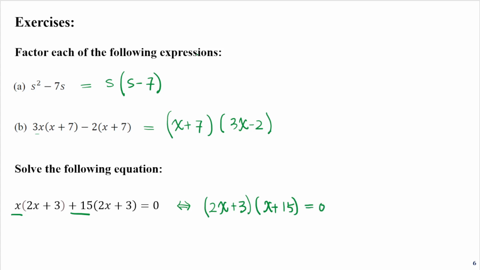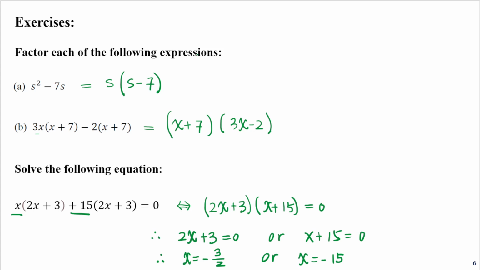Therefore, you have a product of two numbers equals 0, which means either 2x plus 3 is 0 or x plus 15 is 0, right? Therefore, the final solution is x is either negative 3 over 2 or x equals negative 15. Any questions?